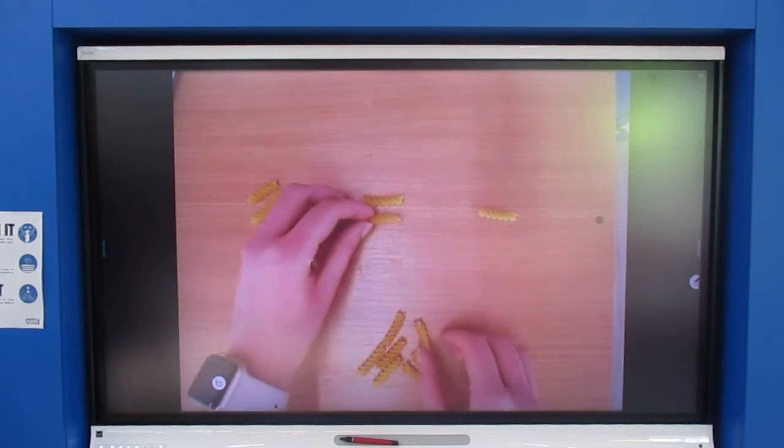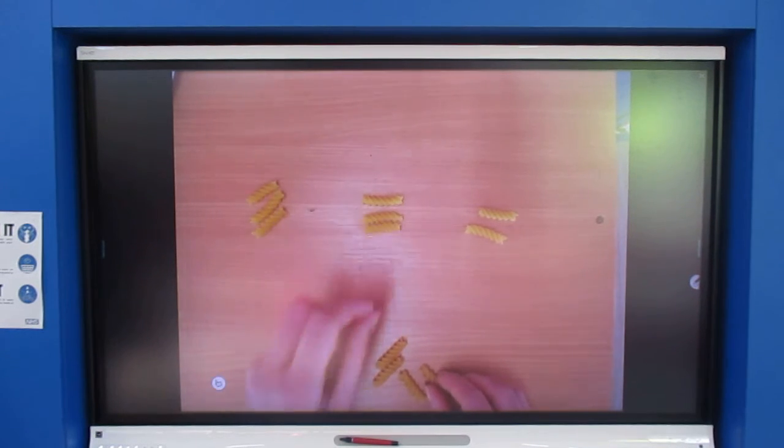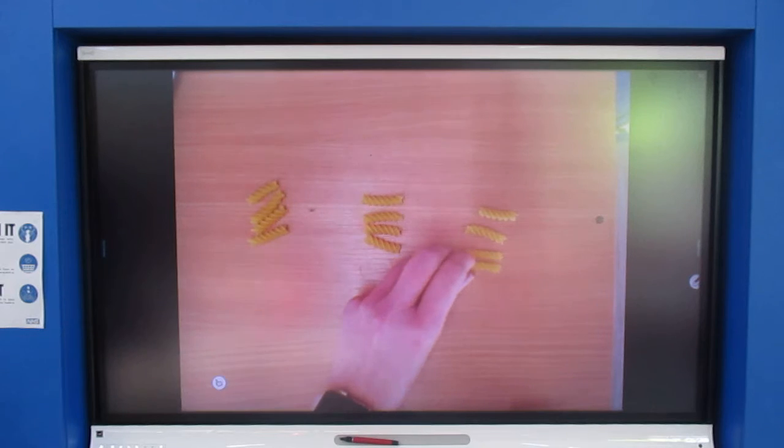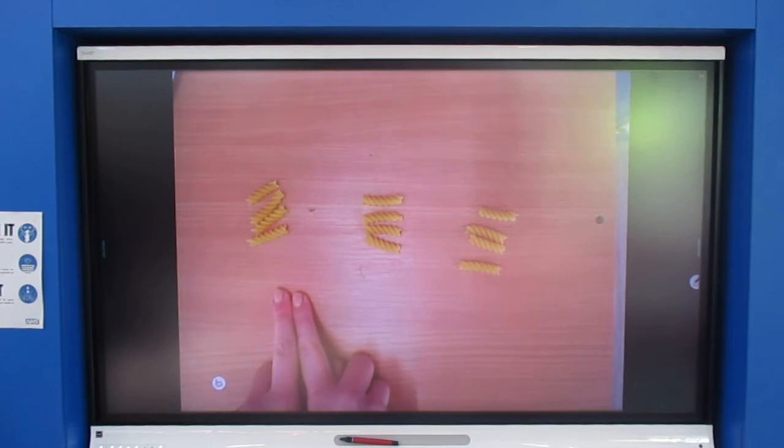1, 2, 3. 1, 2, 3. And 1, 2, 3. So I've got 3 groups. And let's see how many I've got in each group. 1, 2, 3, 4.